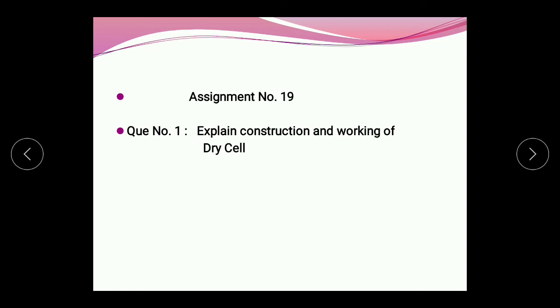Next time, we are going to learn about the secondary voltaic cell. Because of the primary voltaic cells, only one is included in your syllabus, that is the dry cell. And in secondary voltaic cells, we have to learn the lead storage battery in the next session.